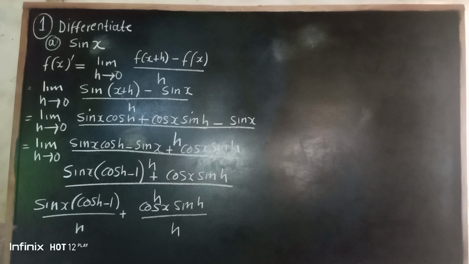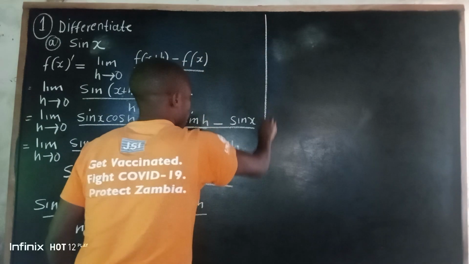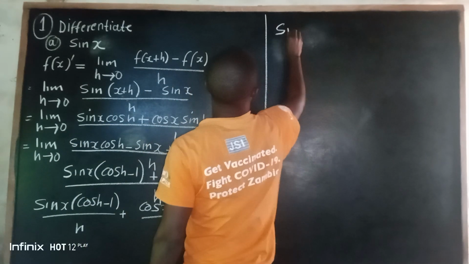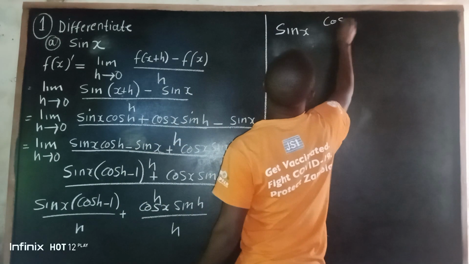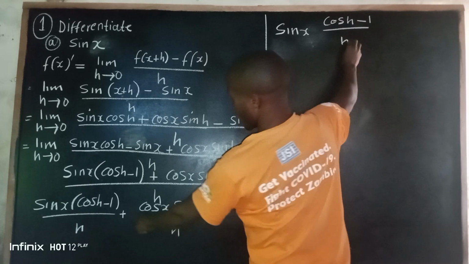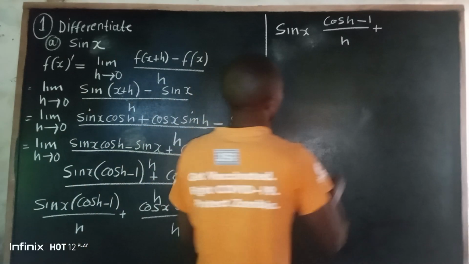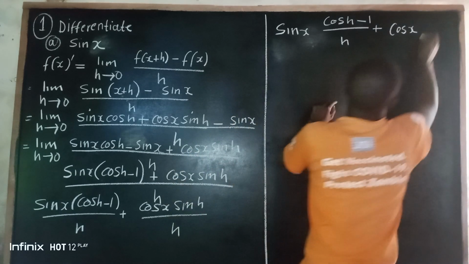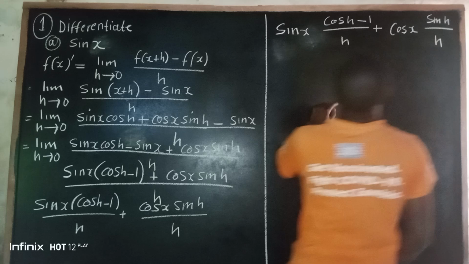Now from there, we write this as sine x times (cos h minus 1) over h, plus cos x times sine h over h.